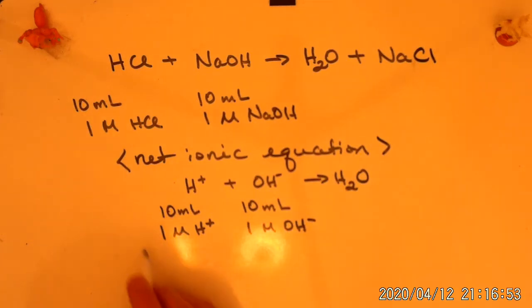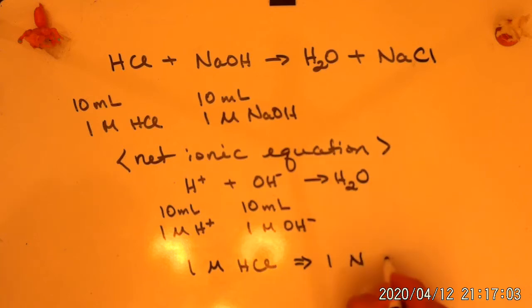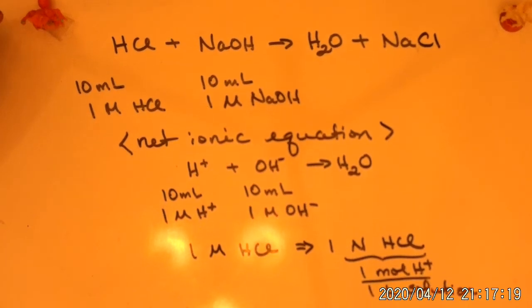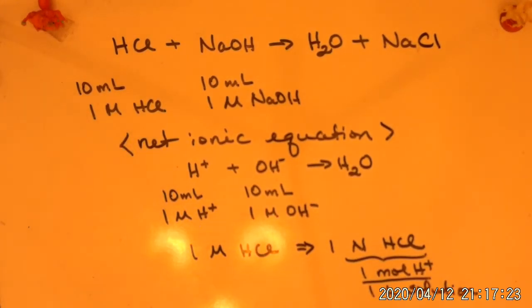So for hydrochloric acid, 1 molar HCl is the same as 1 normal HCl, because it gives you 1 mole of H plus for every 1 liter of solution. Okay? Essentially, because HCl is a monoprotic strong acid, it's 1 to 1.